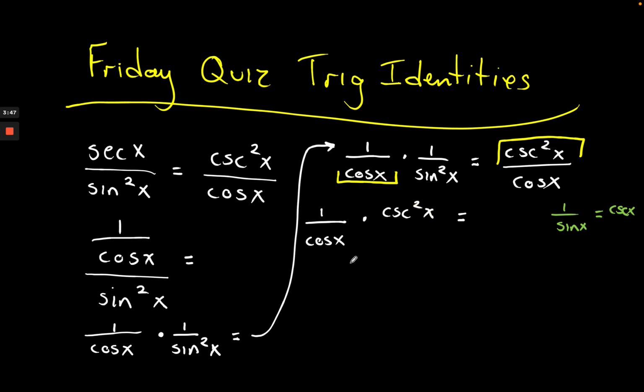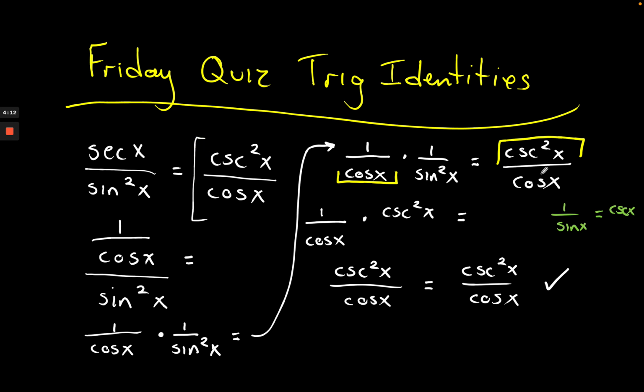So sure enough, now we have cosecant squared x over cosine x, and that equals cosecant squared x over cosine x, and we've proven our identity. There are a number of ways that you could have done this. We could have started on the right-hand side, because we know that cosecant squared is 1 over sine squared, so we could have worked with that.